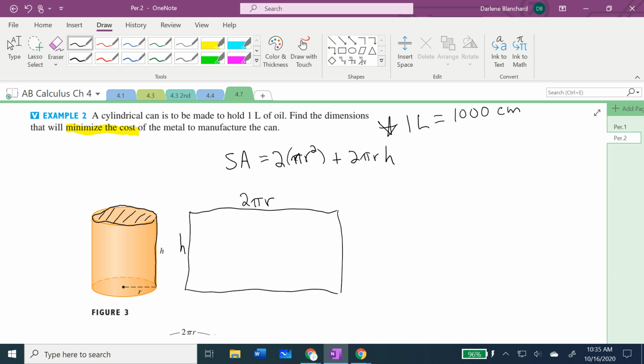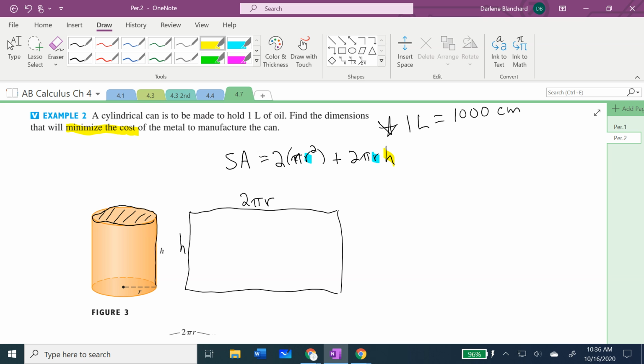We have a formula for what we are trying to minimize, but there are two variables. So I need to figure out what other information was involved in the problem that I haven't used yet that will allow me to figure out how to get rid of one of the variables.